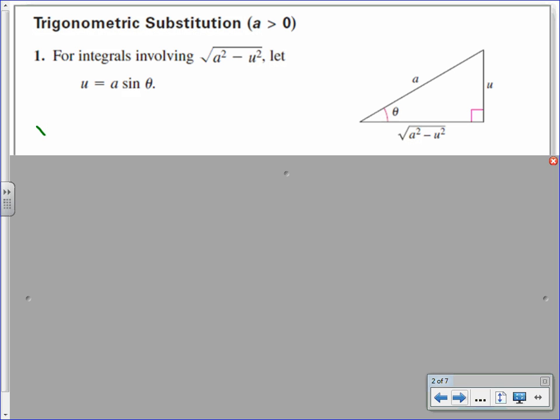Well, if we have the square root of a squared minus u squared, the book uses u's. You can also think of these as x's. Then if I let u be a sine of theta, gosh, I really don't like that they're using u. Are you guys going to have a problem with me changing all of these to x's?